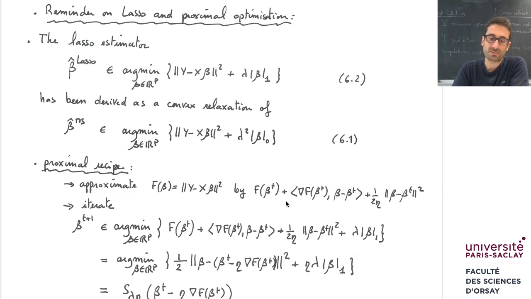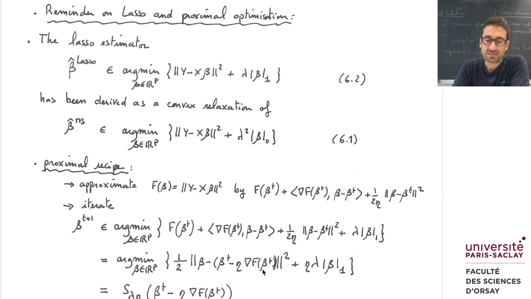And we will do optimization by replacing f by this quantity, and we will iterate, and under some conditions, we will converge to the lasso estimator. So if we replace here f by this proxy, we have this minimization problem, which corresponds to the iteration of the proximal method, and as we have seen in the last lecture, we can rewrite this optimization problem as this optimization problem. So the minimizer will be the same for both.